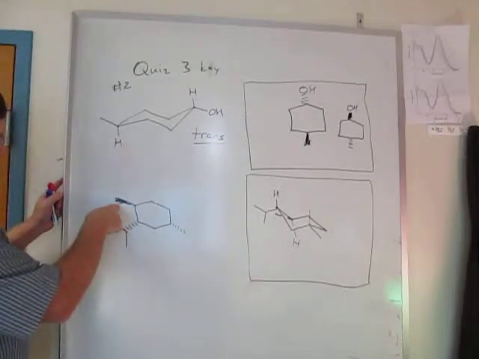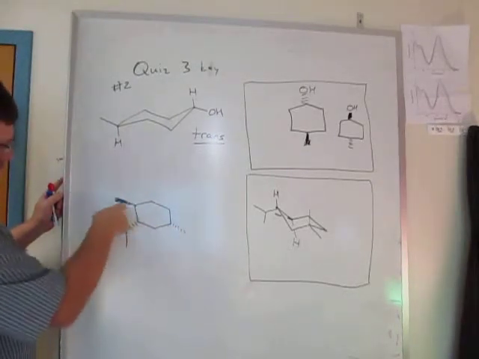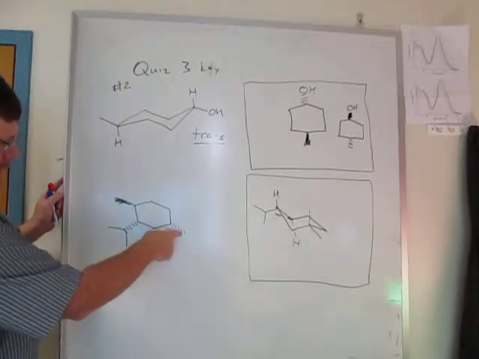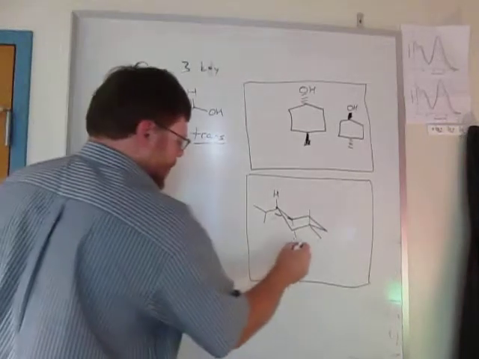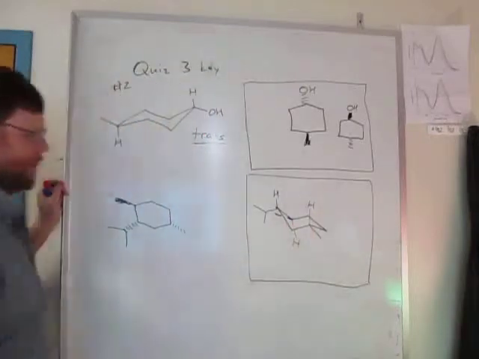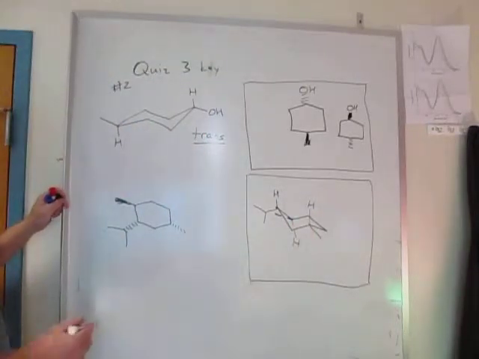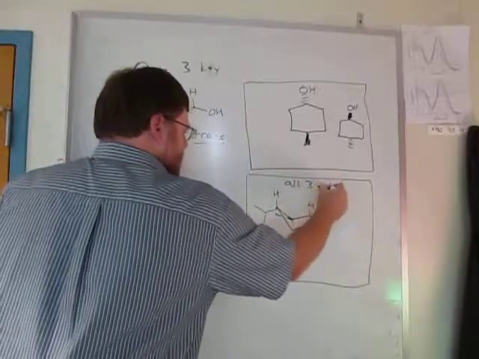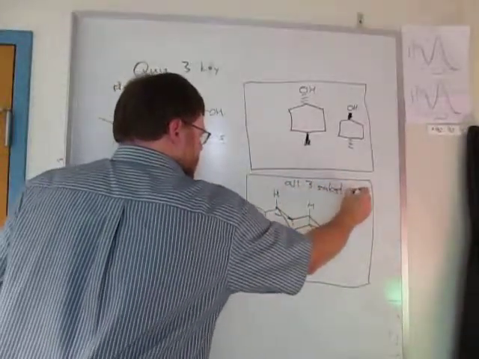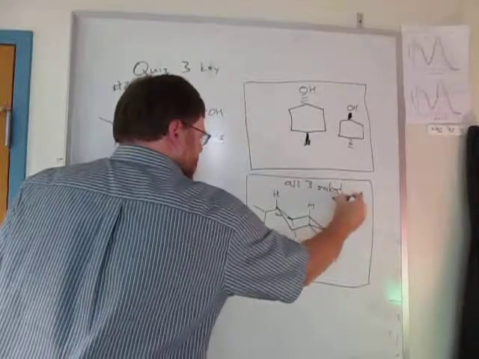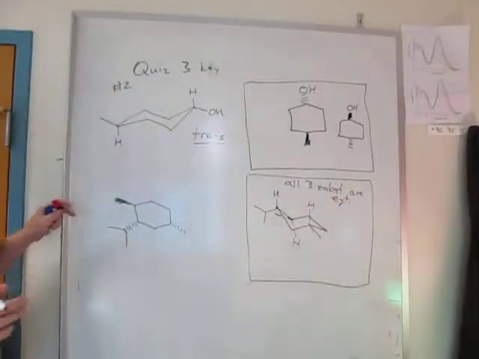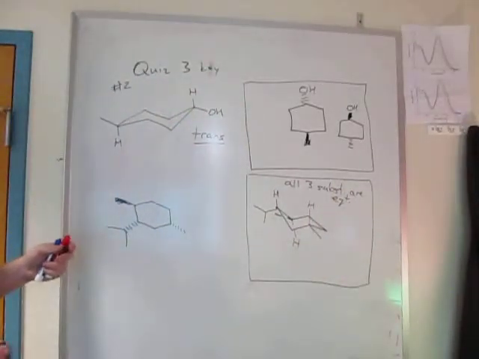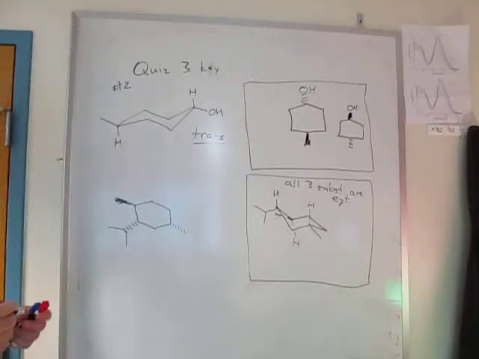This methyl is trans to the methyl, so if that methyl's up, that methyl is down. And so we get that either way. And so that puts the other H there. And so all three substituents are equatorial. I think only a few people put all three substituents axial. All right, so that's a mistake.